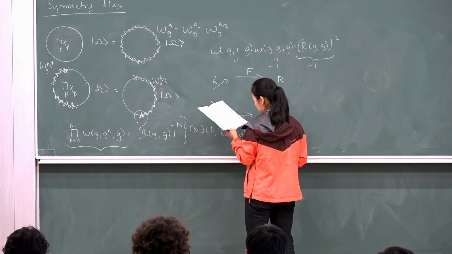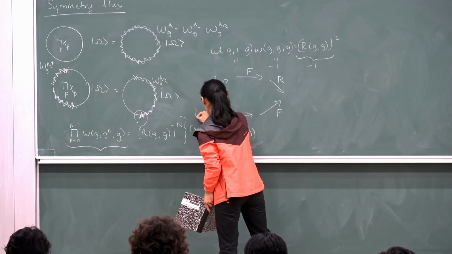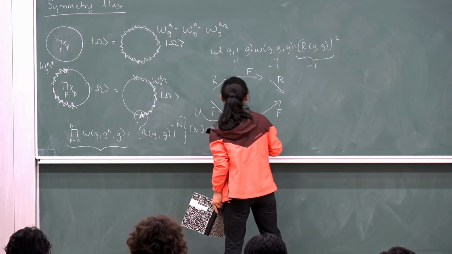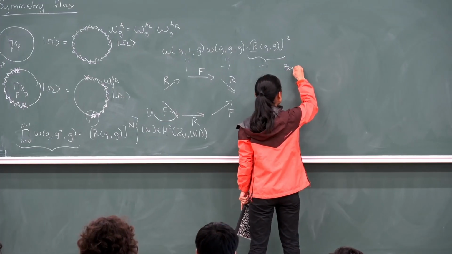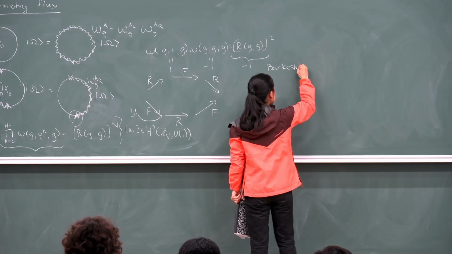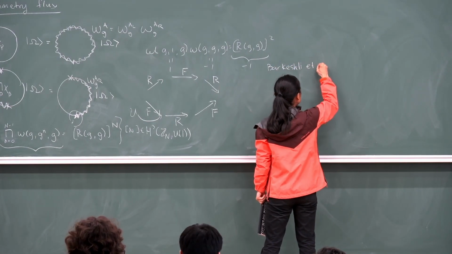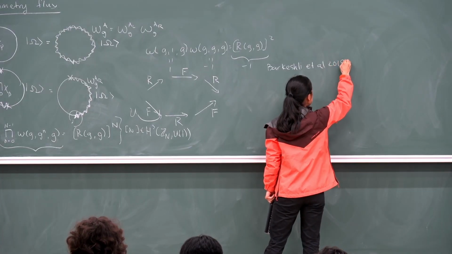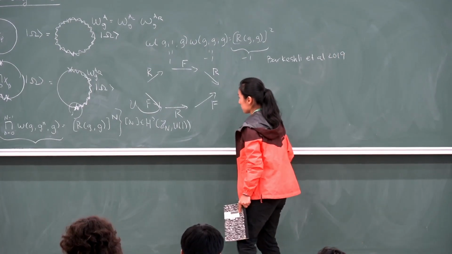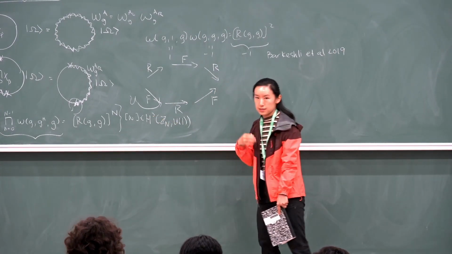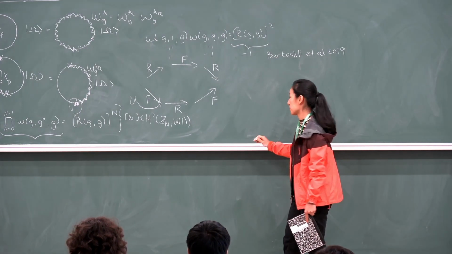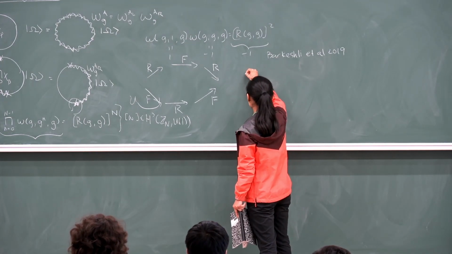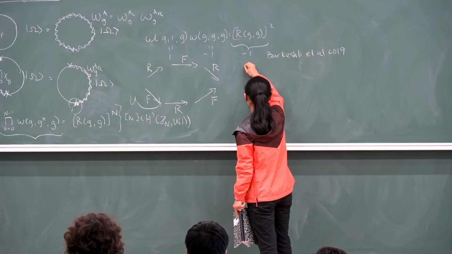The heptagon equation has one additional step, which is what's called a sliding move, U. So the reference for this is Barkashli. This U move, and that's because for symmetry fluxes, unlike for one-form symmetries and one-form symmetry defects, they actually detect this process.